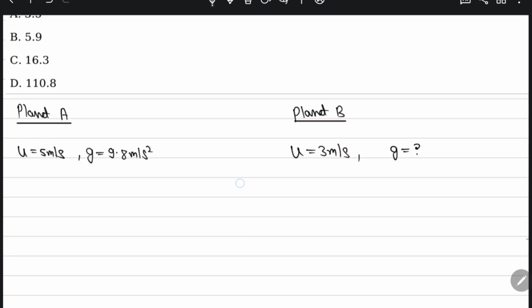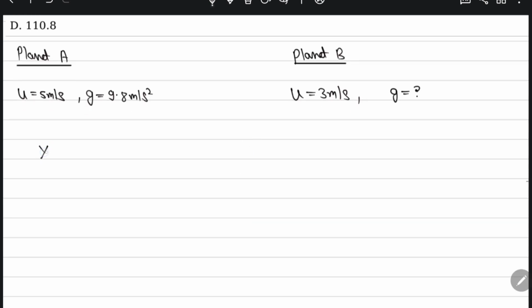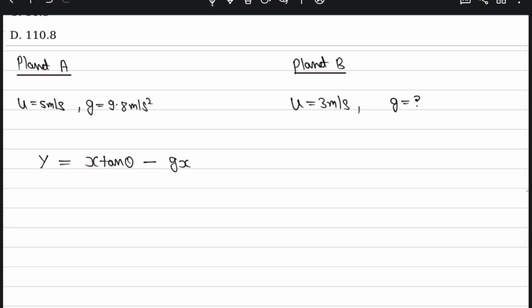This is what is being asked, right? You know the equation of trajectory: y is equal to x tan theta minus g x square upon 2u square cos square theta. And in this question, what they are telling is that a projectile is fired from the surface of the earth with a velocity 5 meter per second and angle theta with the horizontal.